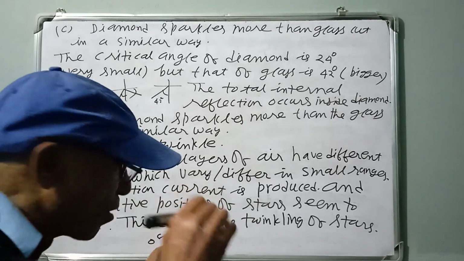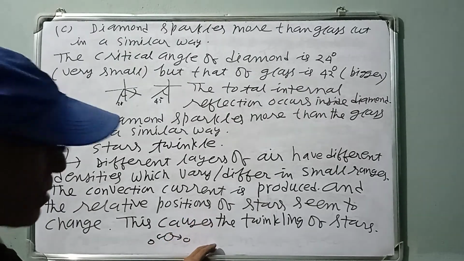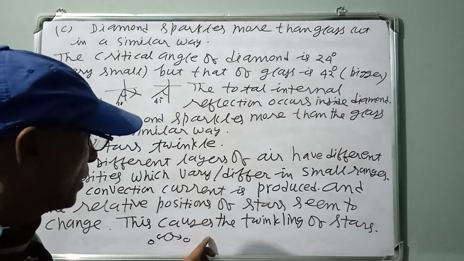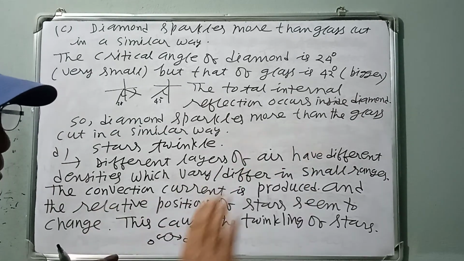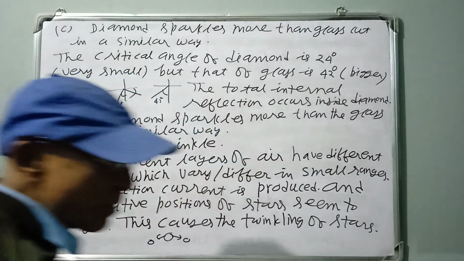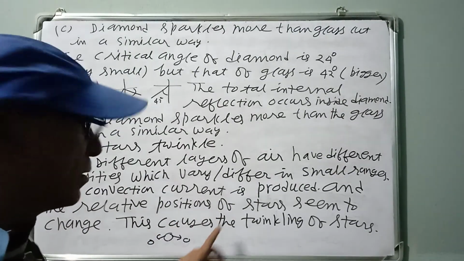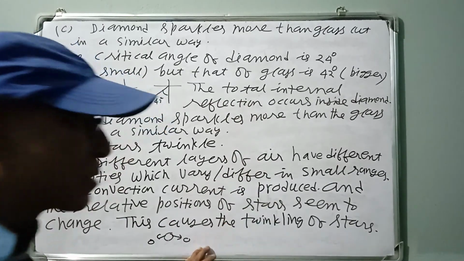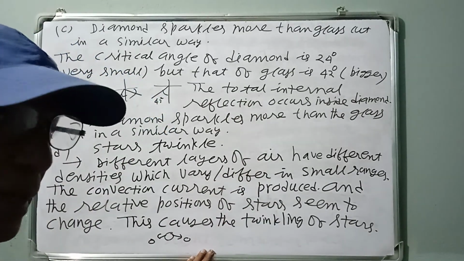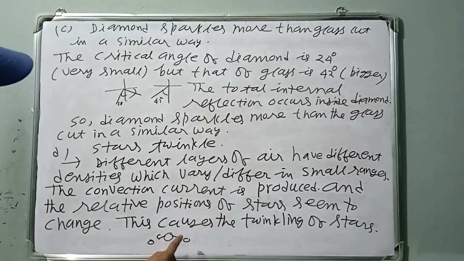Actually stars don't change their position, but when we observe stars from the earth, we see that all the stars seem to change the position. If you walk, if you run, we think that stars are also moving, but actually stars don't move. They remain in their own position, but they seem to move.